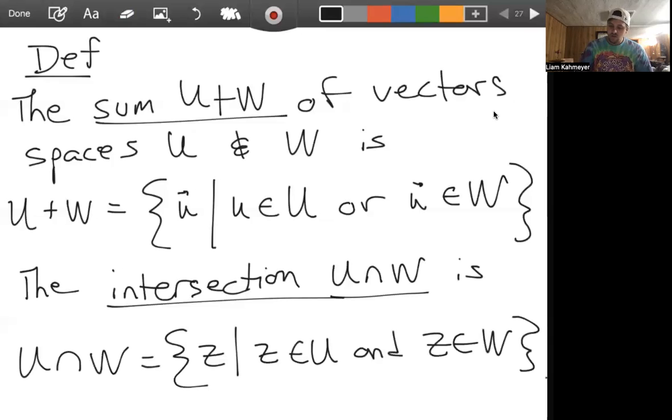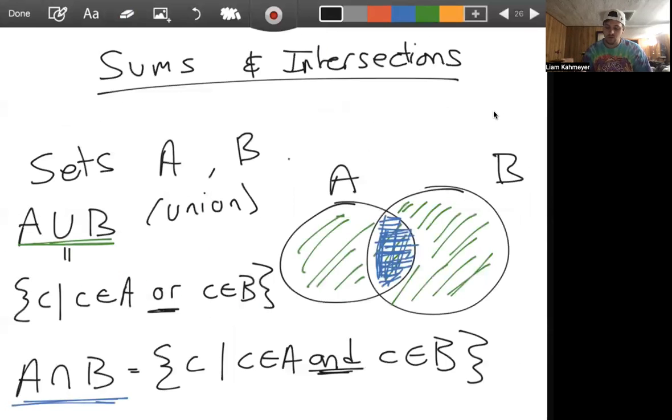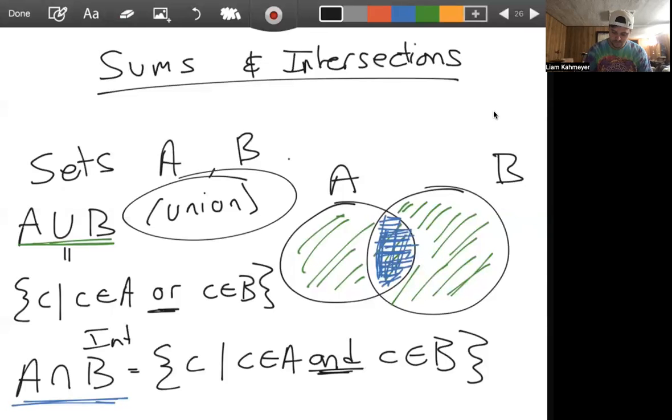So geometrically, or if you have a picture in the back of your head, you can really keep this picture of union for sum and intersection for intersection, right? It's just now there's some underlying structure going on, right? In this general construction for union and intersection, there's no structure being assumed of addition, scalar multiplication, things like this, right?